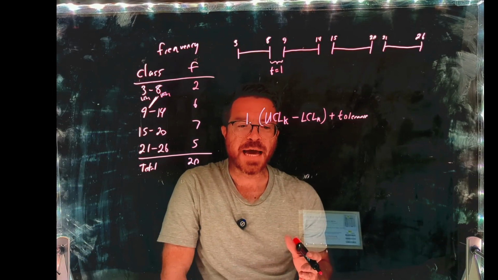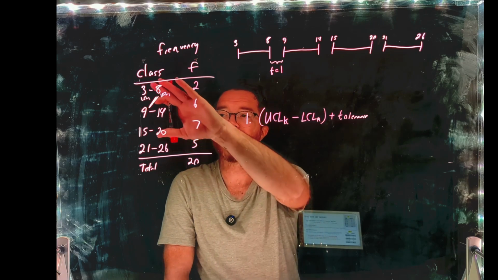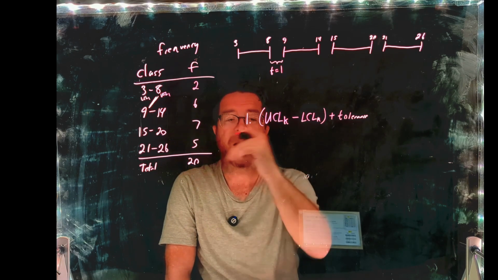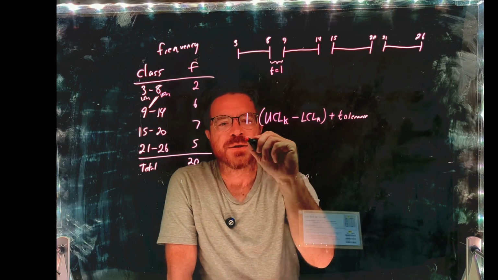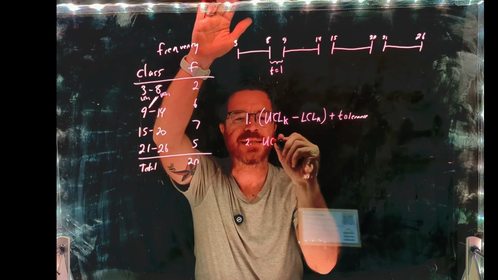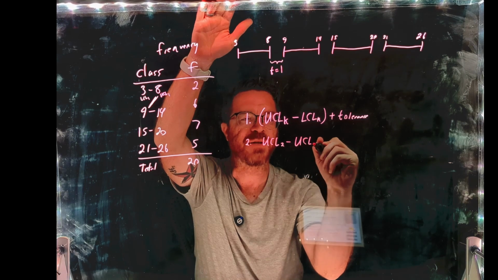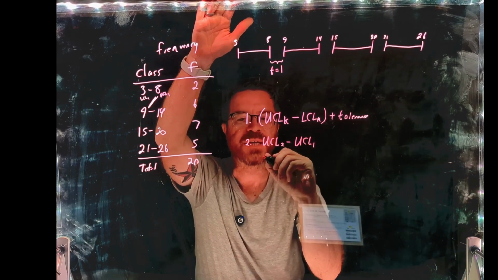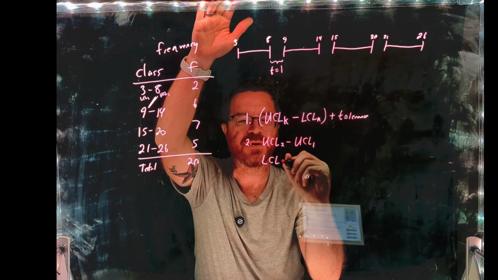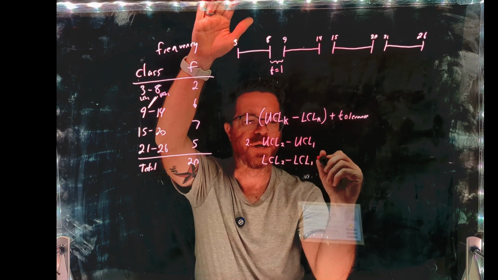The second method is that we're going to look at the difference between two consecutive lower class limits or upper class limits. So we could take, for example, the upper class limit for group 2 minus the upper class limit for group 1. Or we could take the lower class limit for group 2 minus the lower class limit for group 1.